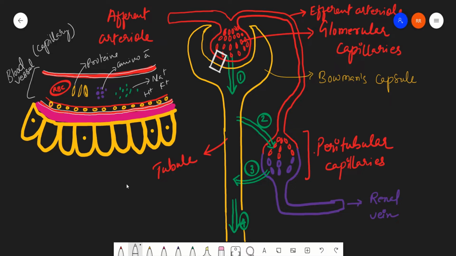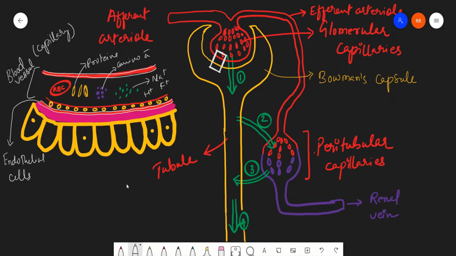If you look closer at these blood vessels, they are generally made up of endothelial cells.